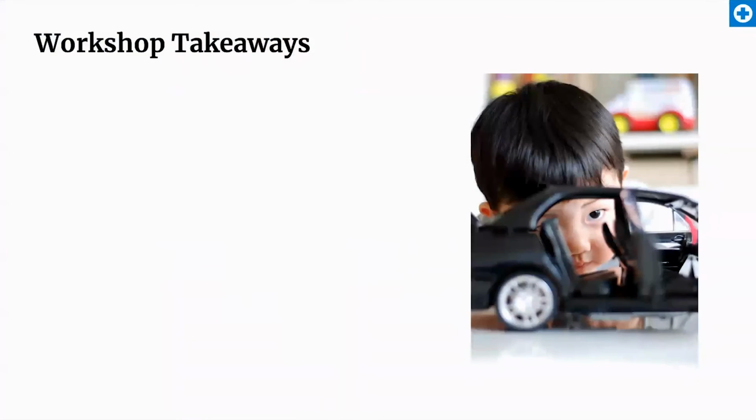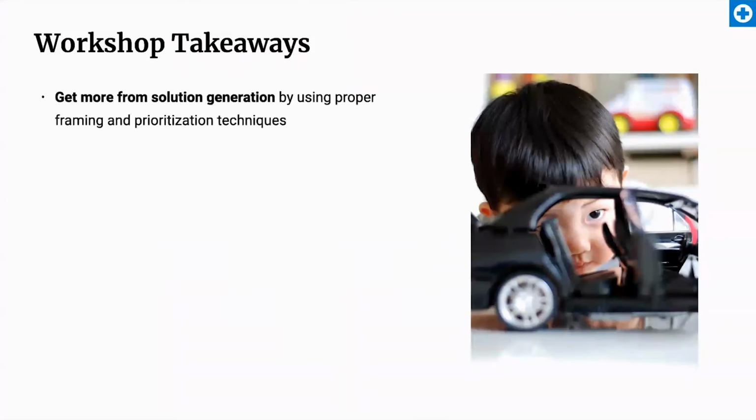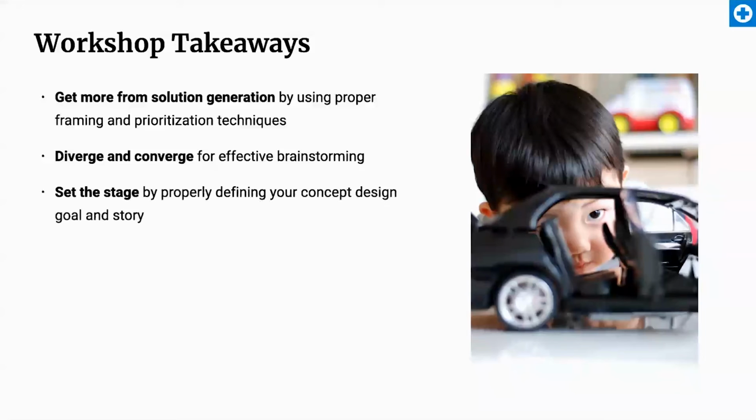Before we open it up for questions, here's what you should take away from today. Get more from solution generation when you use proper framing and prioritization techniques. Diverge and converge for effective brainstorming. Brainstorming in group meetings is not good enough and does not often lead to the best results. Set the stage by properly defining your concept design, goal, and story.